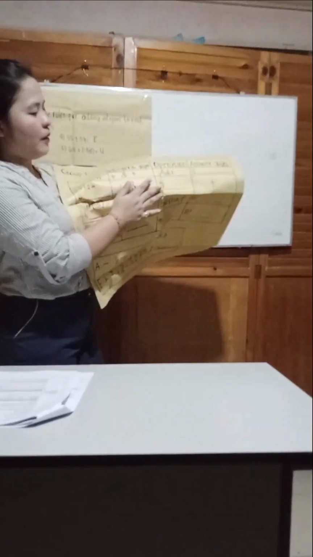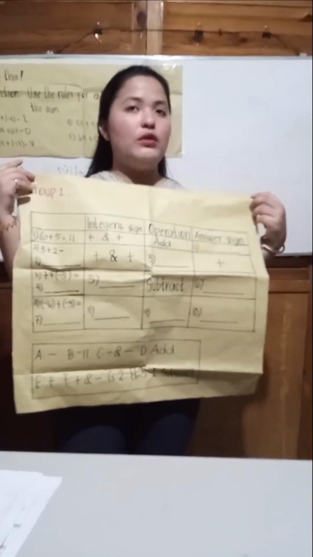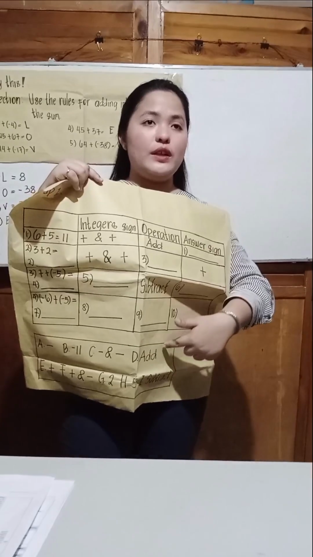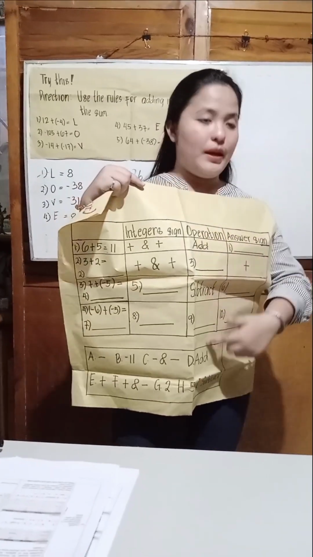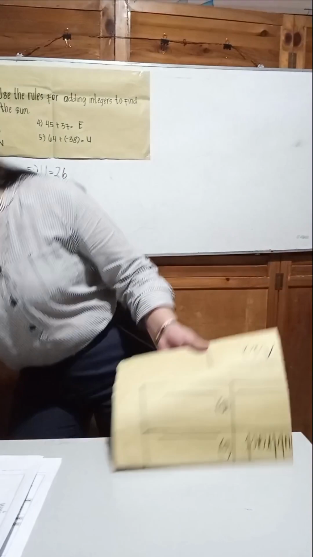So here, for example, sa number 1, may blank. Dito yung isulat. Since on a sheet of paper, ang pagsulat nyo na lang sa sagot, direct nyo na lang dito. Huwag na isulat sa papel ha. Direct na lang dito sa mga blank. Okay? Understood? Fill in the blanks. Okay? So, this is for group 1.